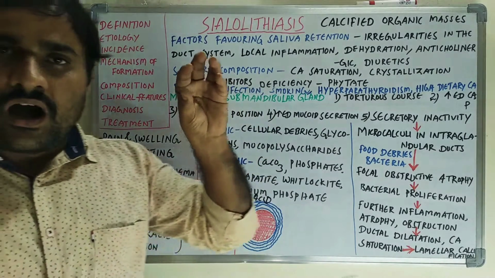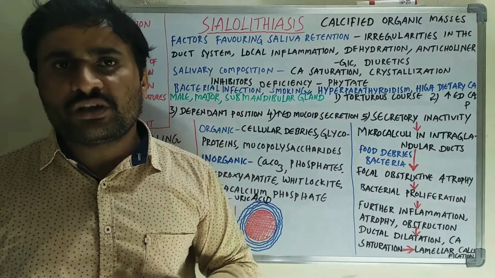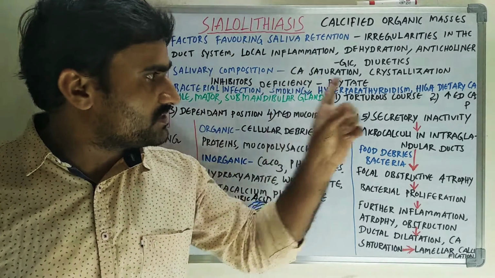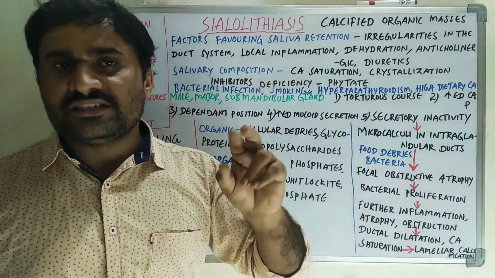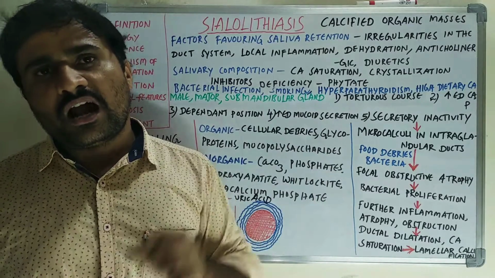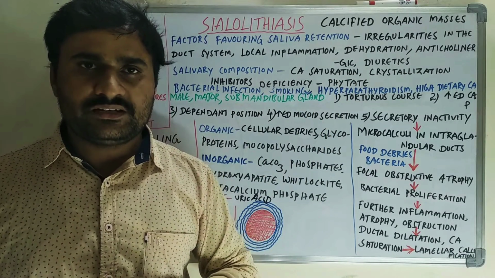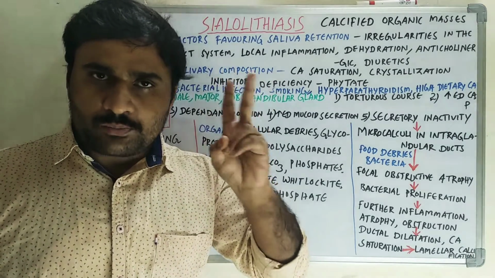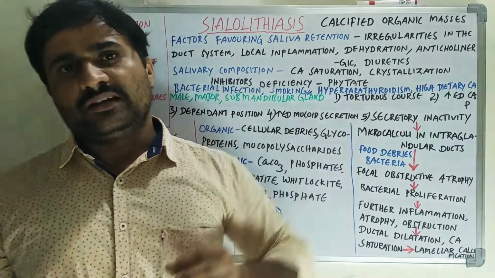And among the major salivary glands, it is more common in the submandibular gland because of five reasons. The first one is the tortuous course. That is, there are two sharp bends in Wharton's duct, one at the posterior border of the mylohyoid muscle and one just before the opening into the oral cavity, right? Because of the two sharp bends and increased calcium and phosphorus content.